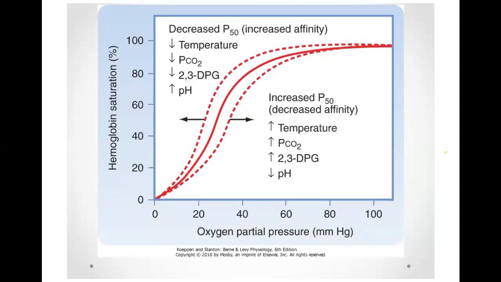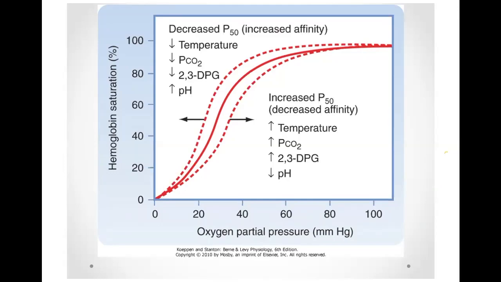Again, conditions wherein oxygen is lacking will cause the curve to shift to the right so that more oxygen is made readily available for the peripheral tissues.